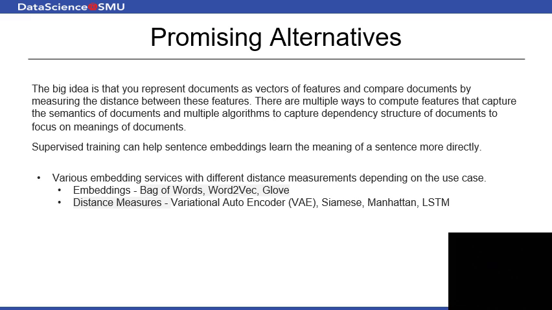In addition to Levenshtein distance and cosine similarity, there are a number of other options that are prevalent in the machine learning space today. I've listed a few of them here, like bag of words, word2vec, and GloVe, with additional distance measures like variational autoencoder, Siamese, Manhattan, and LSTMs.